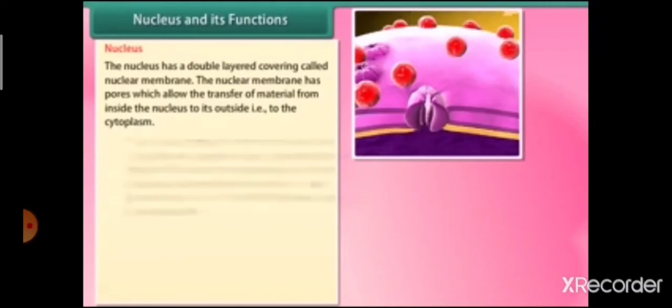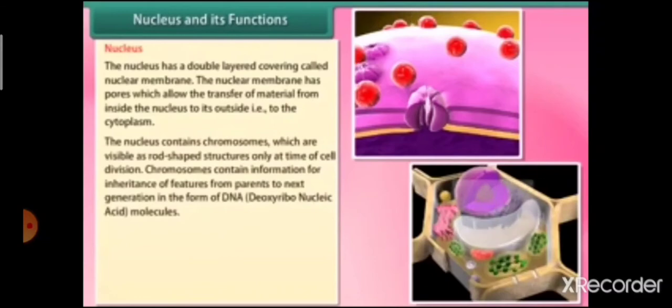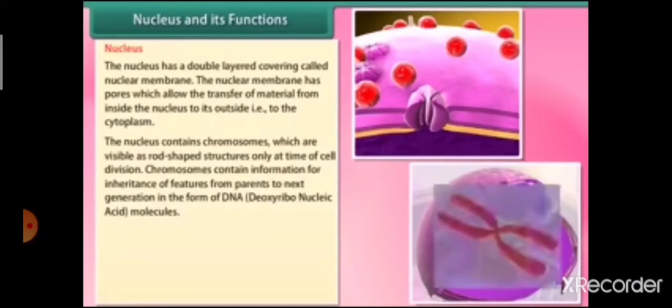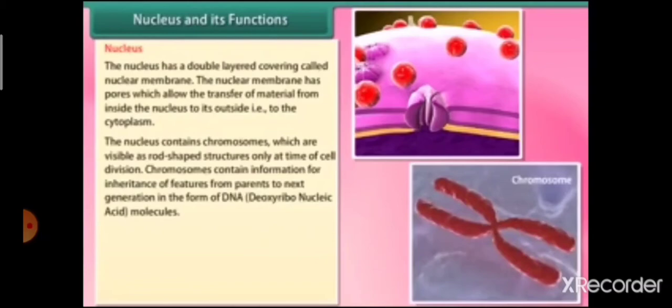The nucleus contains chromosomes and chromosomes are of rod shape. Chromosomes contain all the information of inheritance, that is from parents to the offspring, means children. And this information is stored in the form of the DNA.